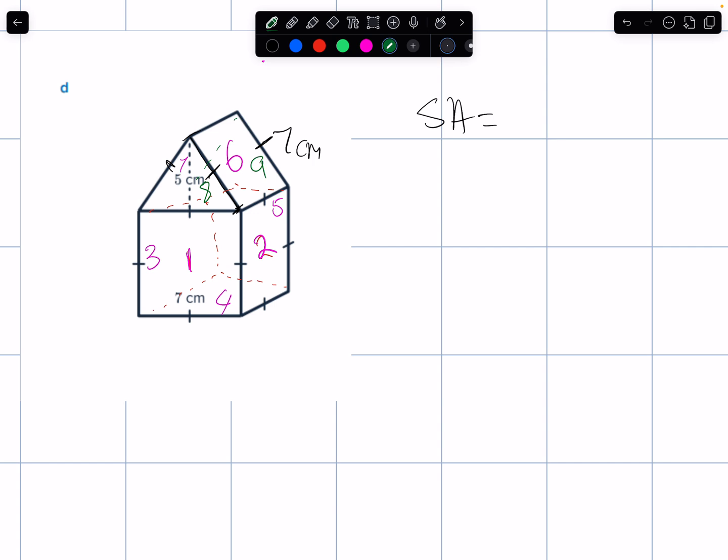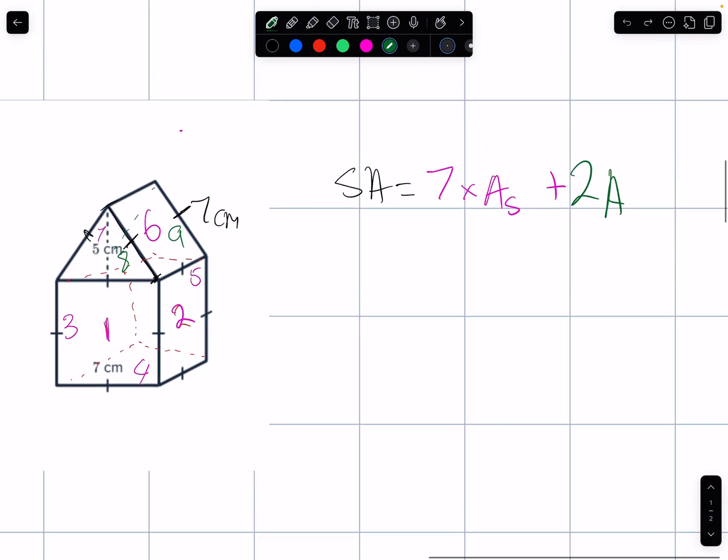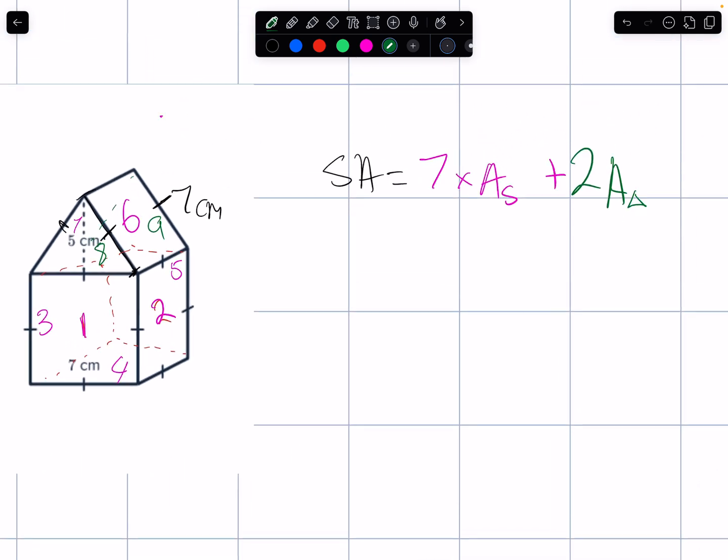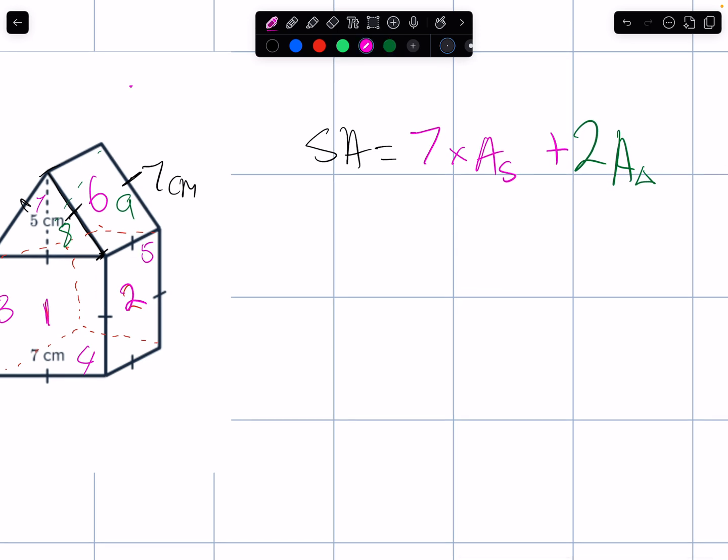So surface area, we have a combination of 7 squares. So 7 times the area of a square plus 2 times our area of a triangle. All right, so surface area equals 7 times length times width plus 2 times base times height divided by 2.